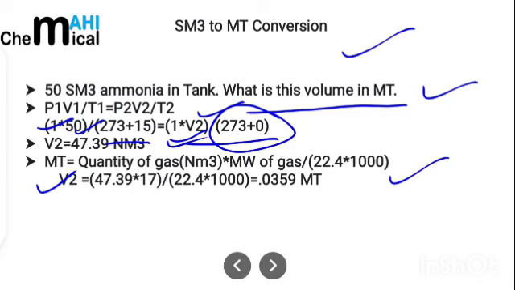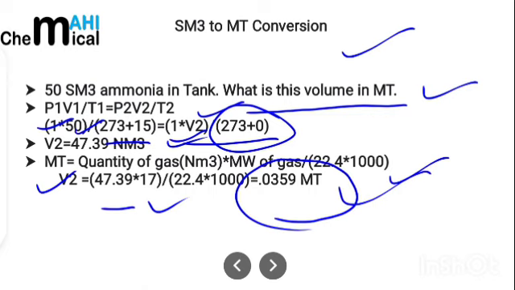So here Nm³ volume I have already calculated, 47.39, into molecular weight of gas, that is ammonia, it's 17, divided by 22.4 into 1000. So the value that you are getting is 0.0359 metric tons. So hope this conversion from one unit to another unit, this concept has been made clear to you.